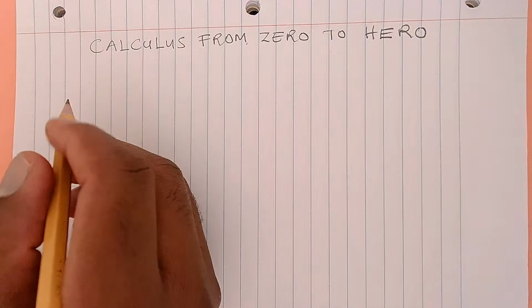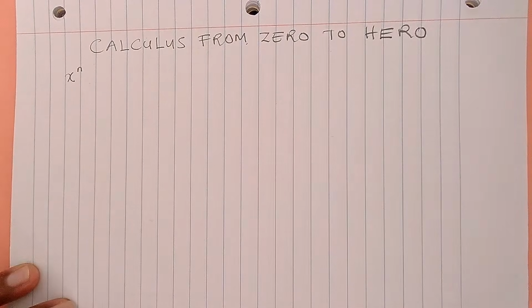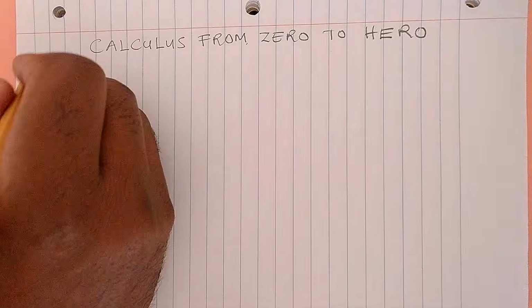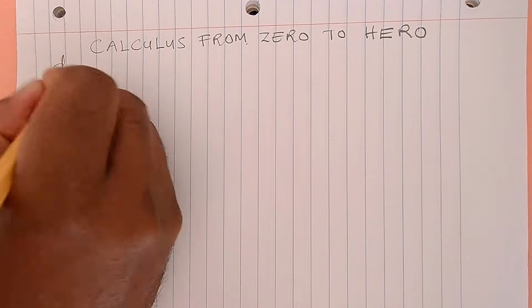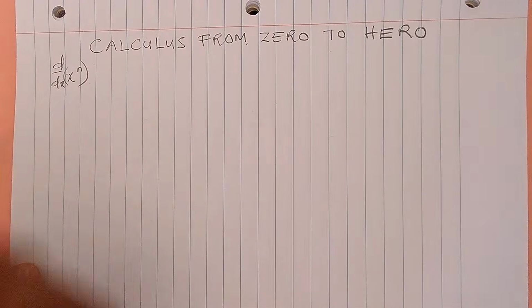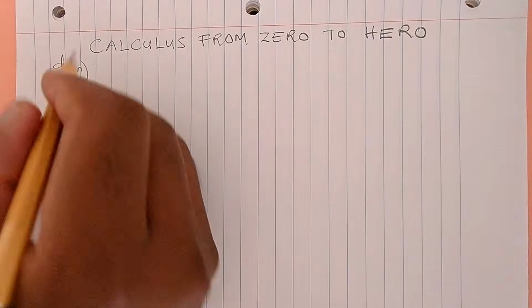So this is how differentiation works. If I give you, for example, x to the power n, and I tell you to differentiate, we normally say the derivative of this expression with respect to x. So that is d of this expression over dx.